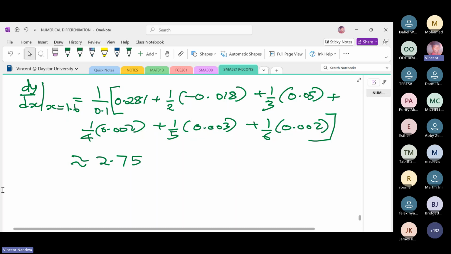Then lastly, the second derivative for this problem.